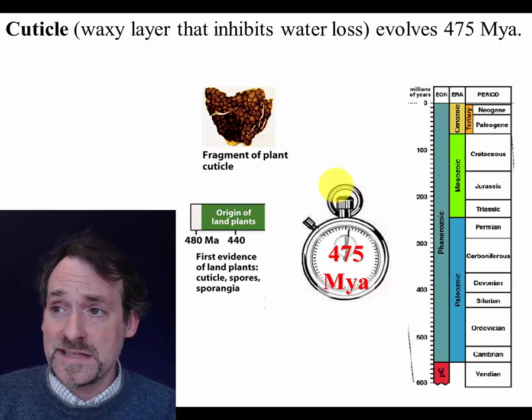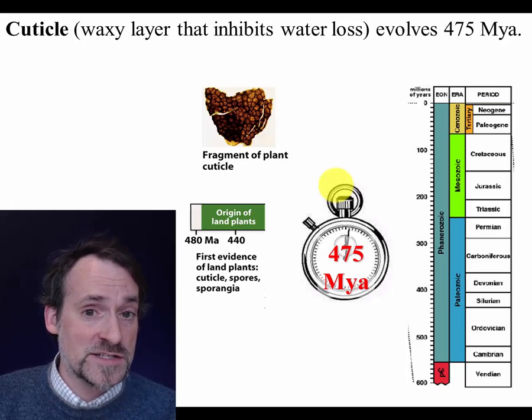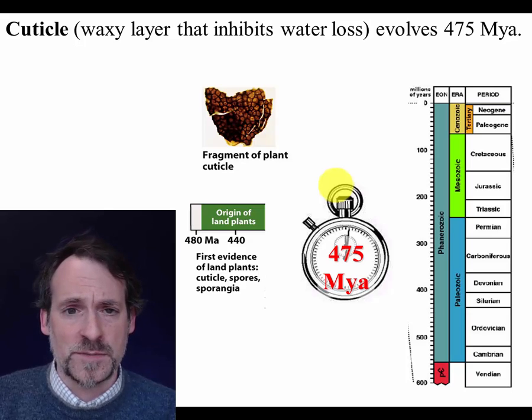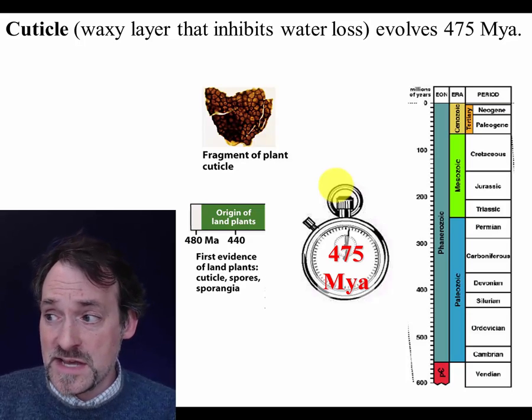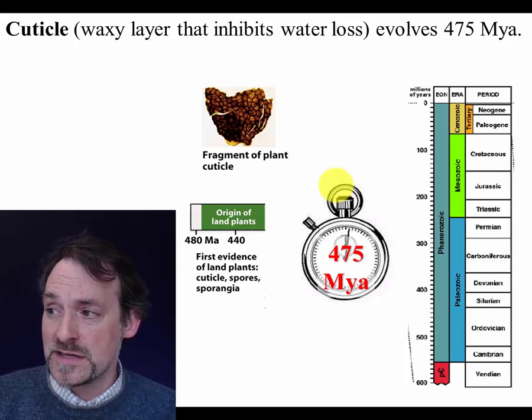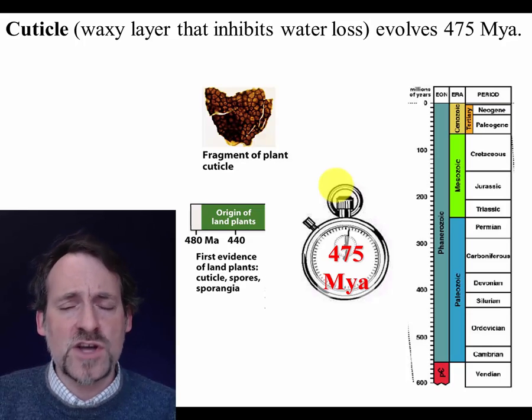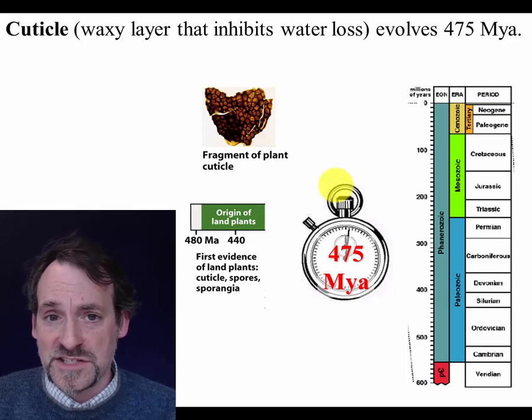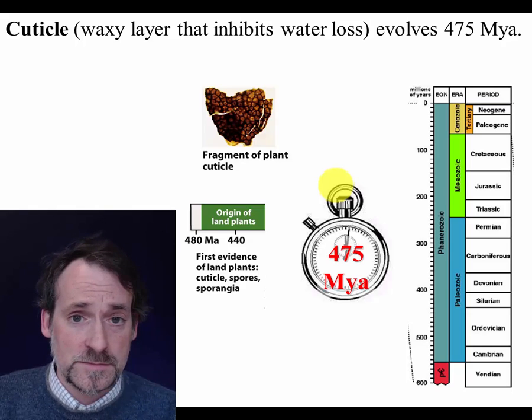And so if you completely pave your outside layer in wax, you are not going to be able to exchange gas with the outside environment either. This is a conundrum that faces all land organisms: the need to exchange gas without dehydrating.